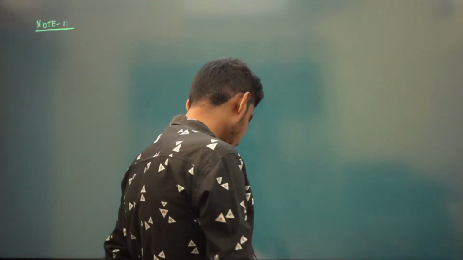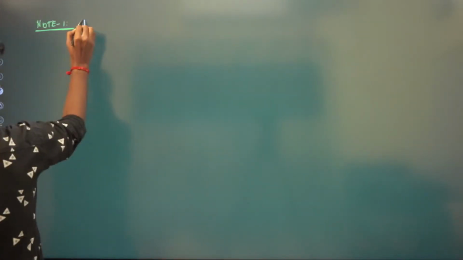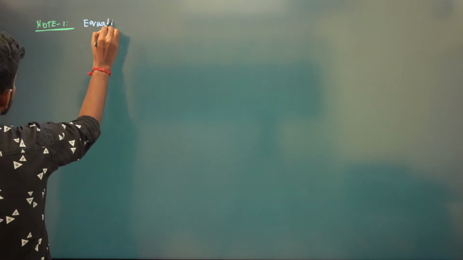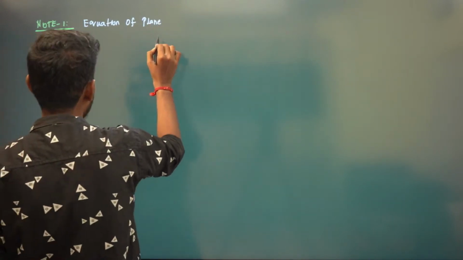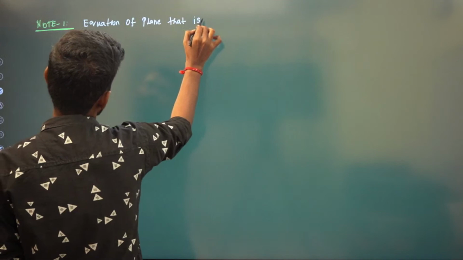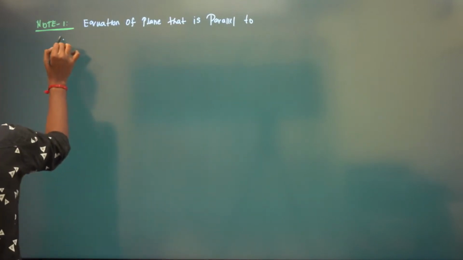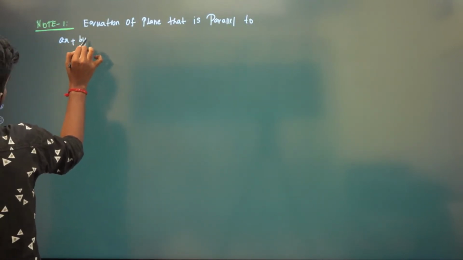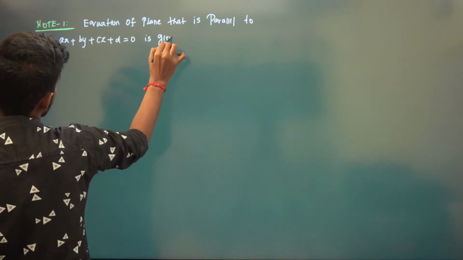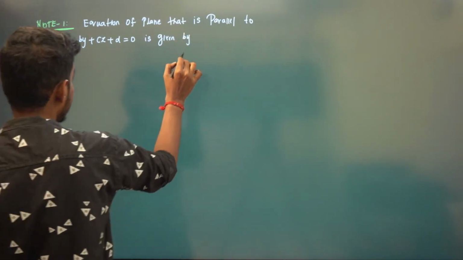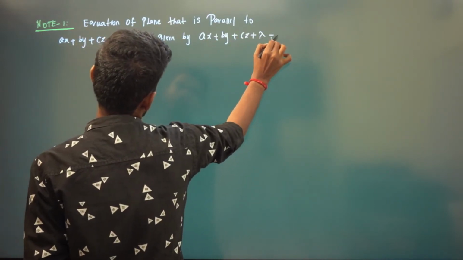So what note 1 says is: the equation of a plane that is parallel to ax plus by plus cz plus d is equal to 0 is given by ax plus by plus cz plus lambda is equal to 0.